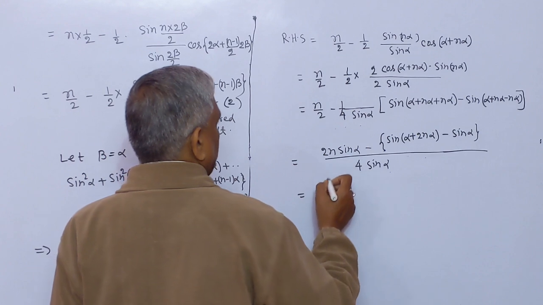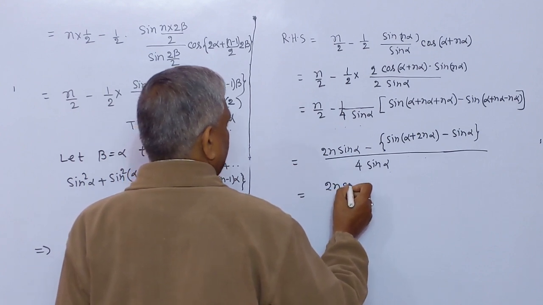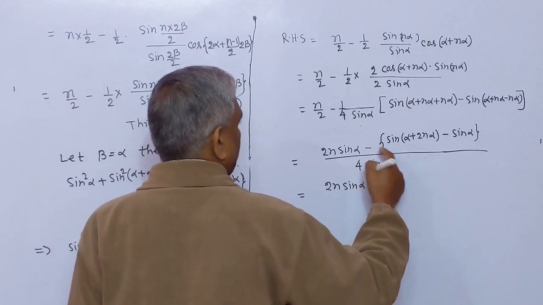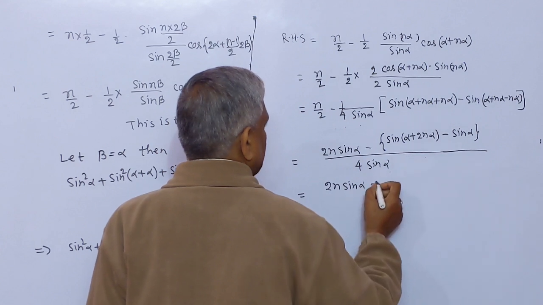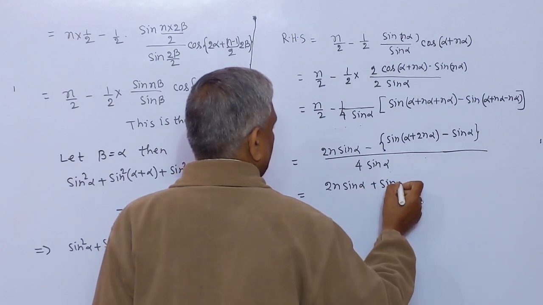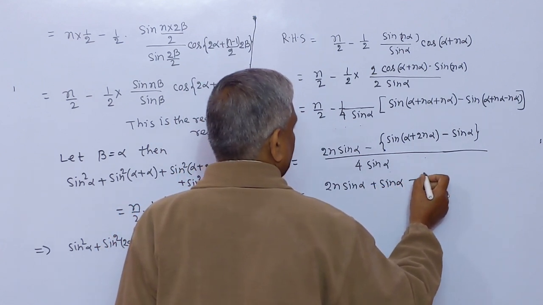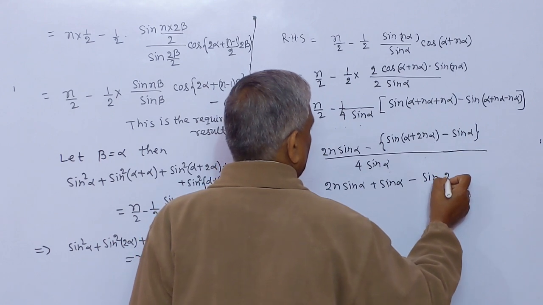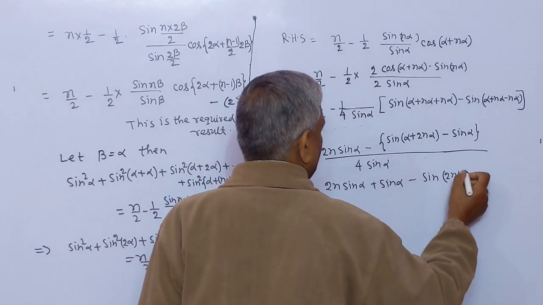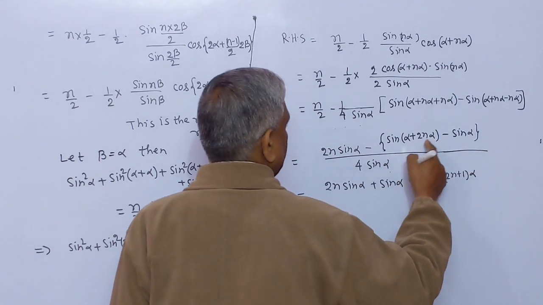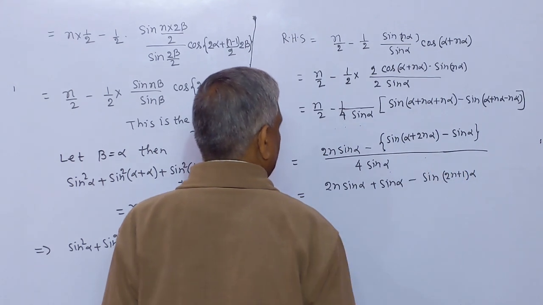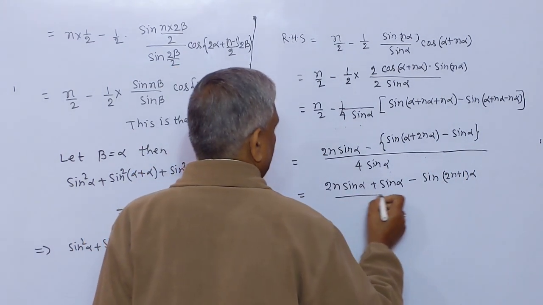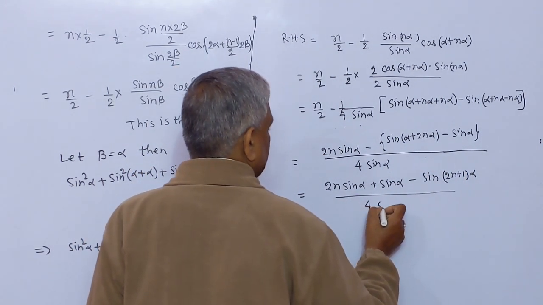This is equal to 2n sine alpha, here minus minus plus sine alpha minus sine (2n plus 1) alpha, here we take common sine alpha, by 4 sine alpha.